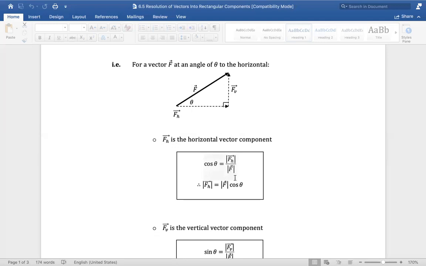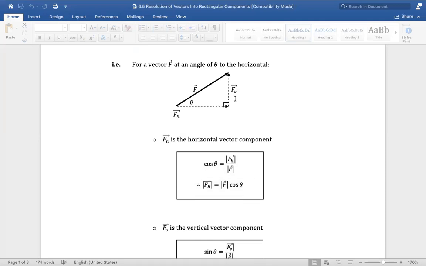That's why they're in absolute value signs there. So we're getting the magnitude of the force vector, and rearranging it would be to figure out the magnitude of my force vector's horizontal component, just cross multiplying, would be my resultant vector, or my vector F, multiplied by the cos of that angle.